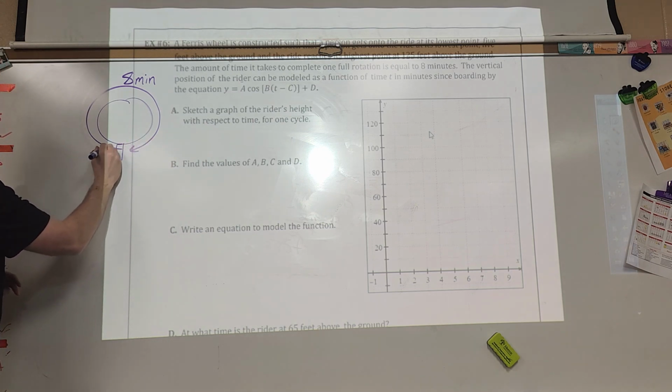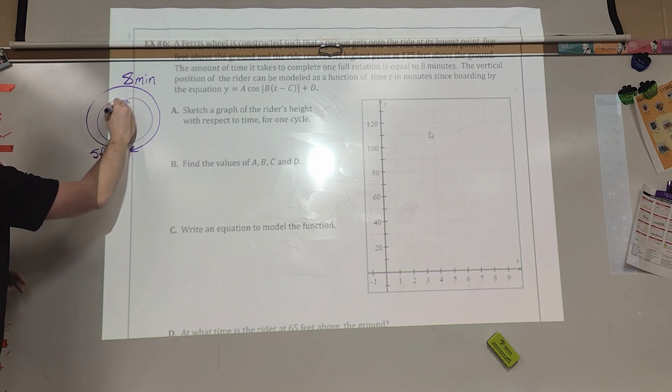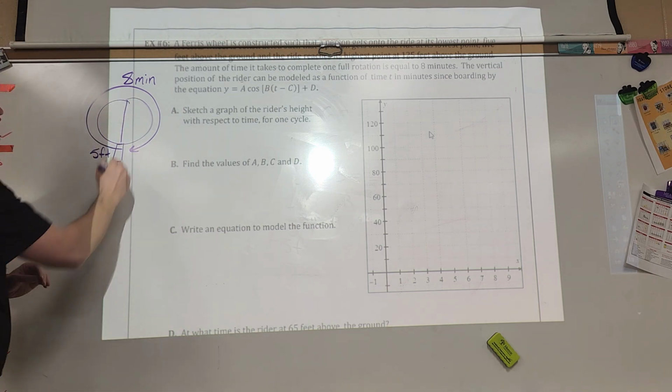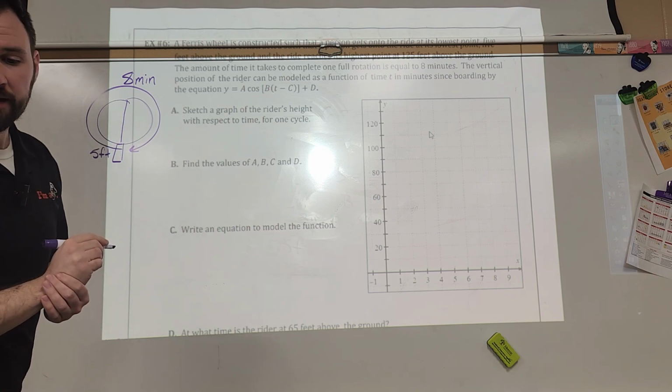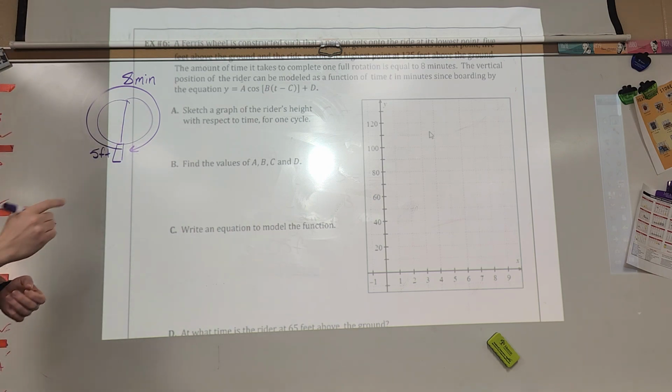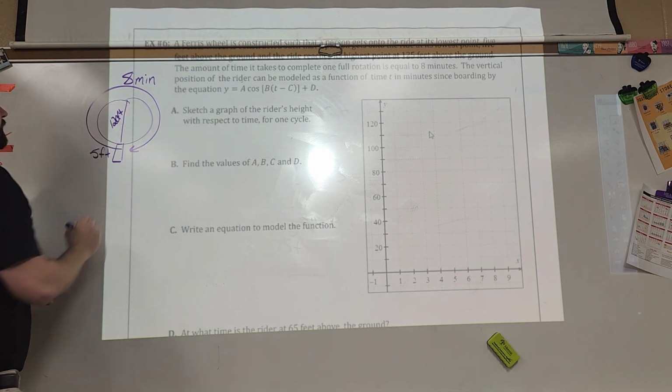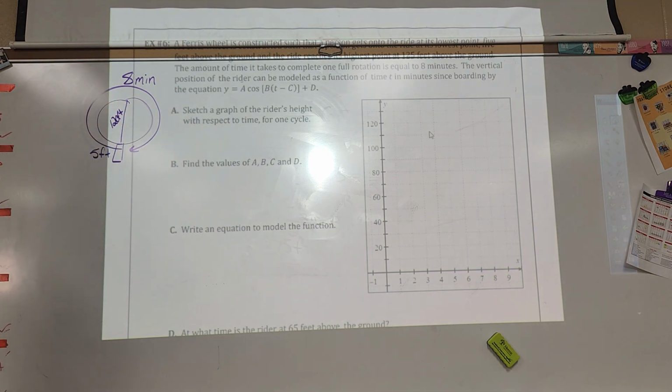So that's 5 feet. Diameter is 120. Wait, hold on. Its highest point's 125. It's 120 feet diameter. It tells us that in the problem. And is that everything I need to know? That's everything I need to know.